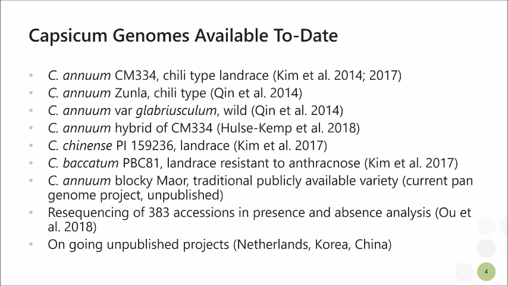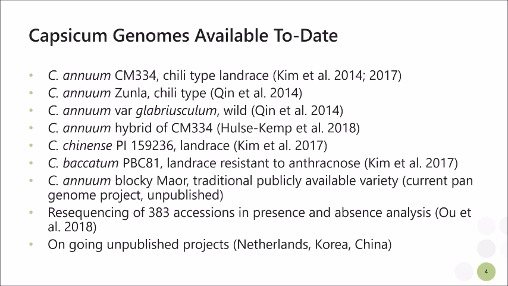What are the available genomes to date for pepper? In 2014, several genomes were published. CM334, which is a Chile type landrace, by the Korean group of Kim et al. Later in 2017, a more improved version was published.